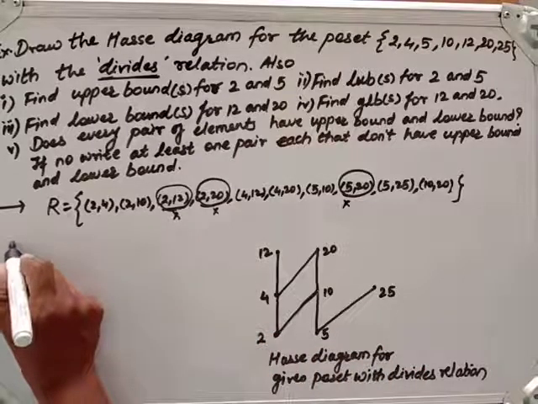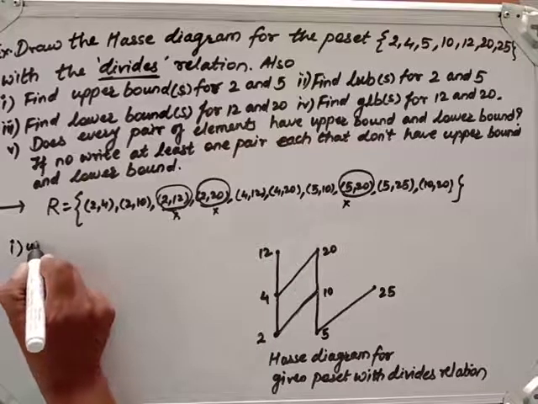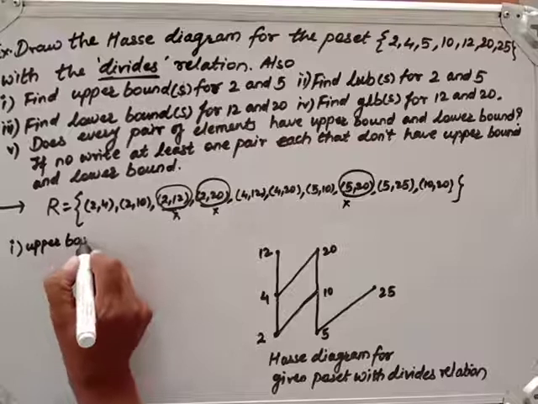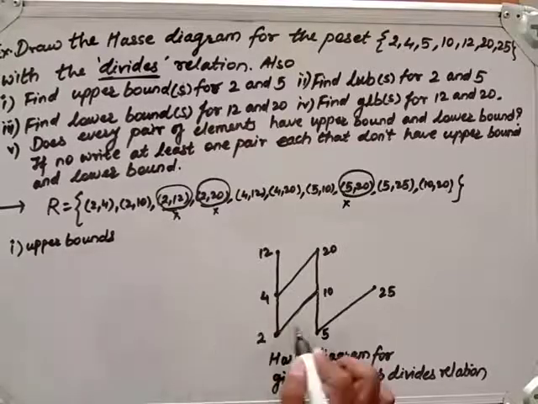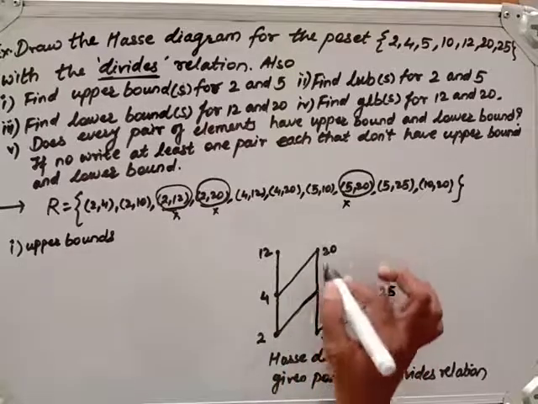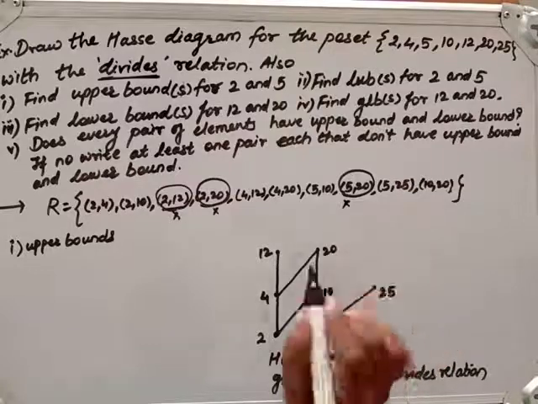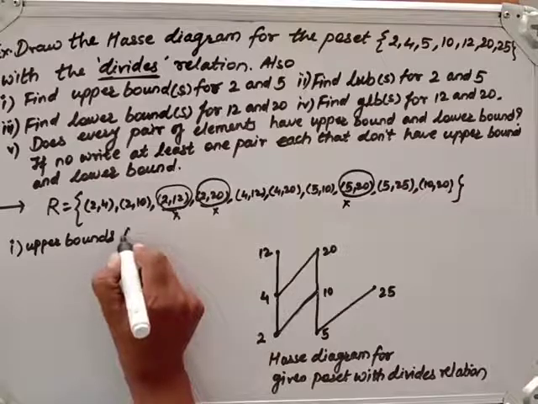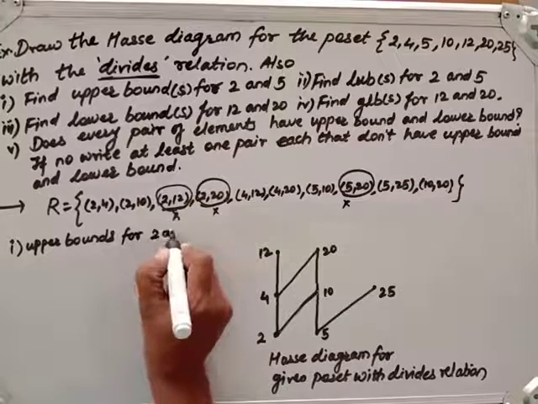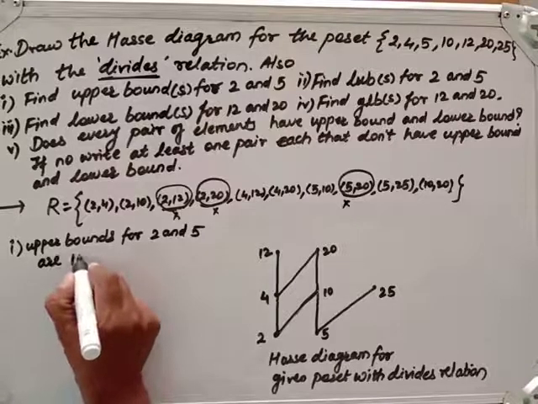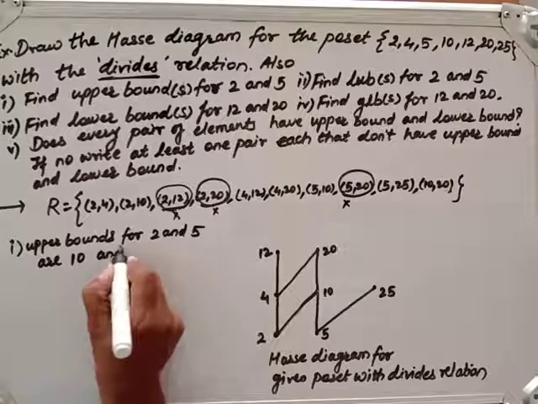So the first part, upper bounds, also 2 related to 20 as such, by transitivity, and 5 also related to 20. So these two are what? Upper bounds of it. Upper bounds for 2 and 5 are 10 and 20.